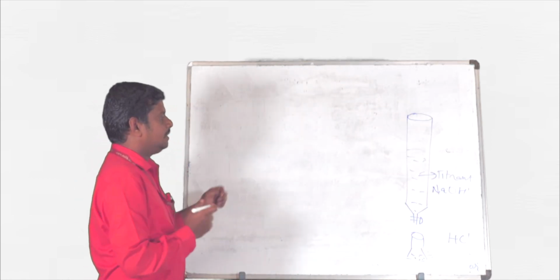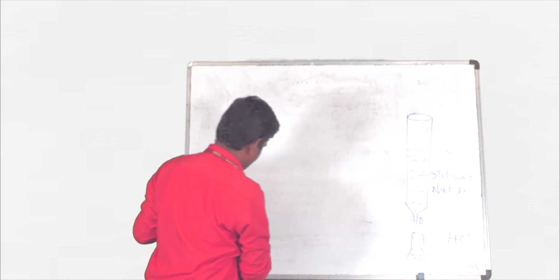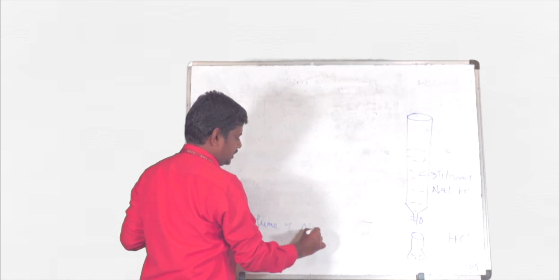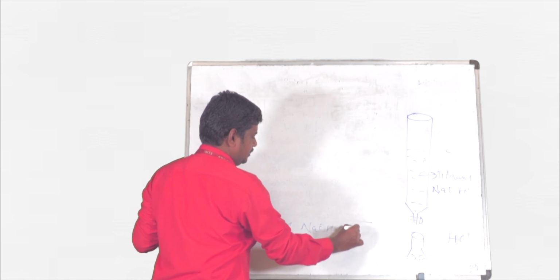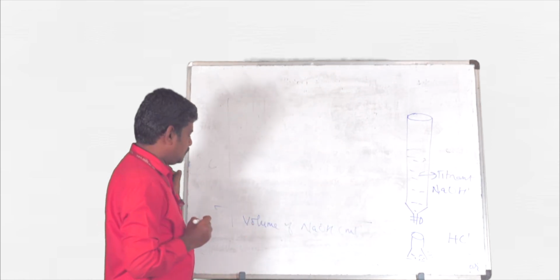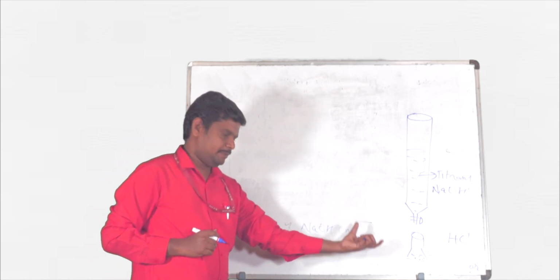Here, we are drawing a graph like this: volume of sodium hydroxide in ml on one axis, and conductance on the other. At first, we are taking the conductance of pure HCl.